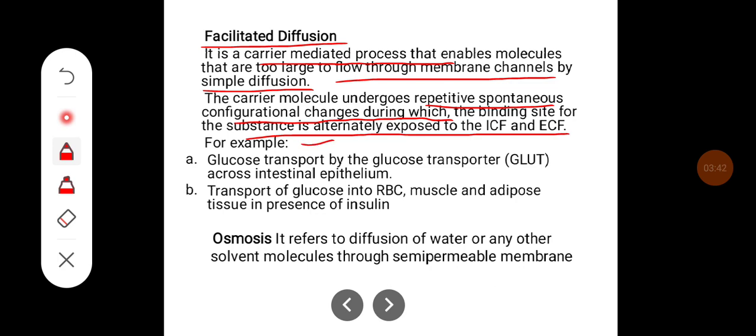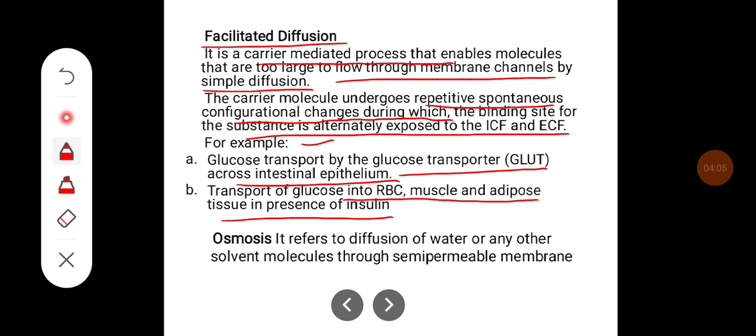For example, glucose transport by the glucose transporter, GLUT, across the intestinal epithelium is a good example of facilitated diffusion. Transport of glucose into RBC, muscle and adipose tissue in the presence of insulin is also an example of facilitated diffusion.